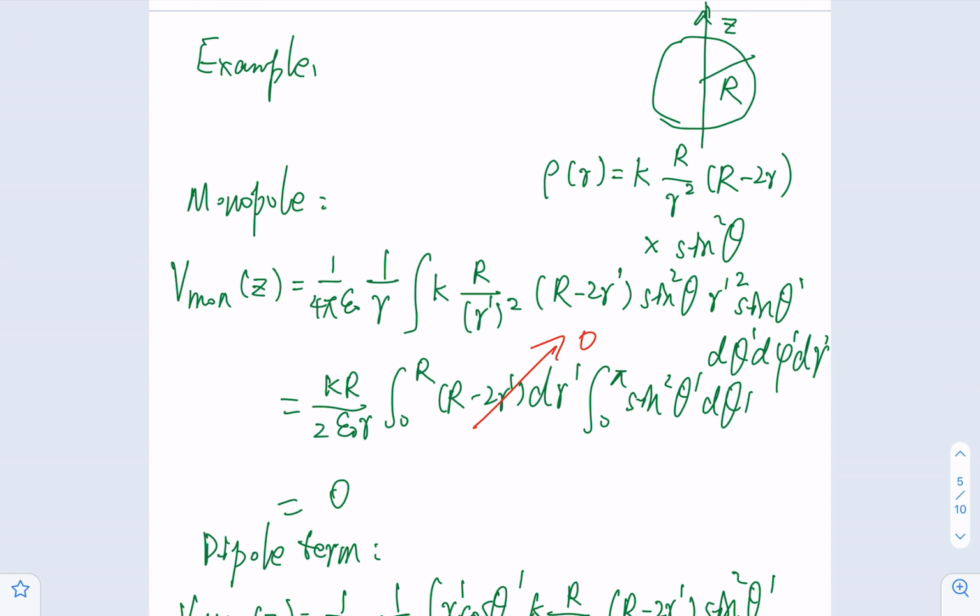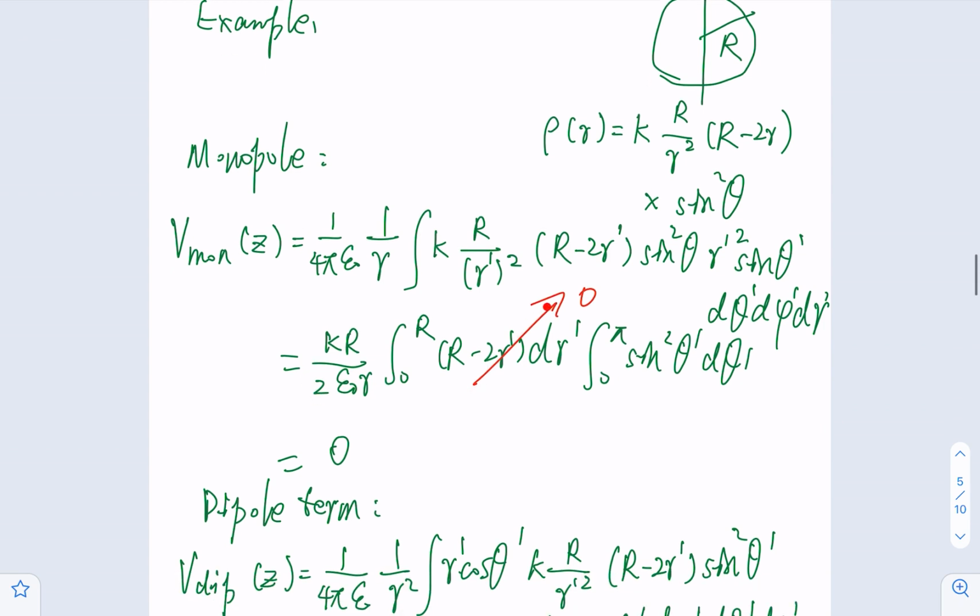The monopole term is simply the entire charge distribution integrated over all space, adding this volume element. Now the integral can be separated into the radial and the angular part, and also the phi direction simply gives us 2 pi, which cancels out this 4 pi and gives us 2. And the radial part integrated out to be 0, so there is no monopole in this problem.